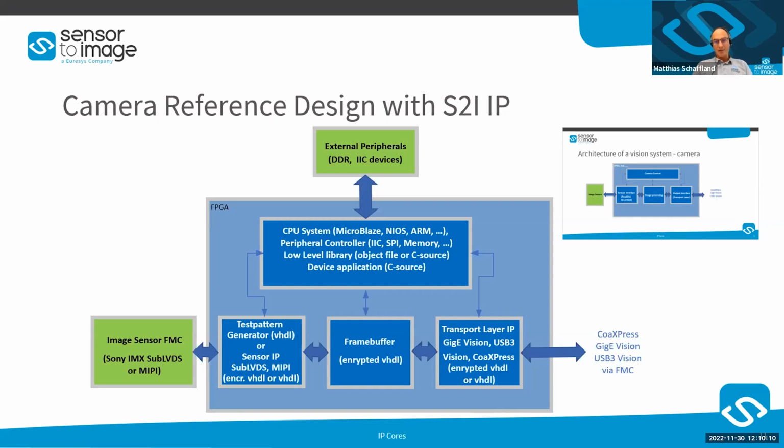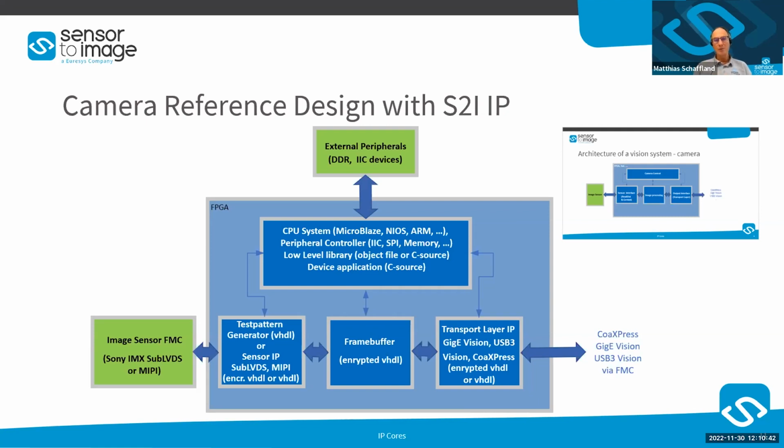Within the processing part, we use an FPGA, with an embedded CPU system, that could be a MicroBlaze controller, a Nios, an ARM system, depending on the FPGA technology. Typically, the CPU system comes with a number of IP cores from the vendor, for example, for I2C or SPI or memory controller or something like that. So this is nothing we have to reinvent. We simply can use them.